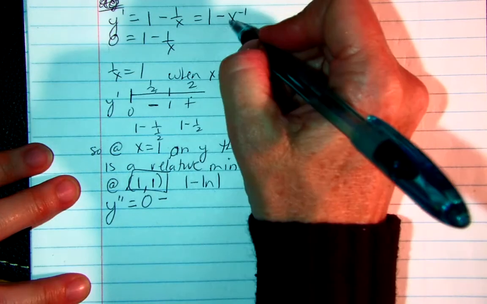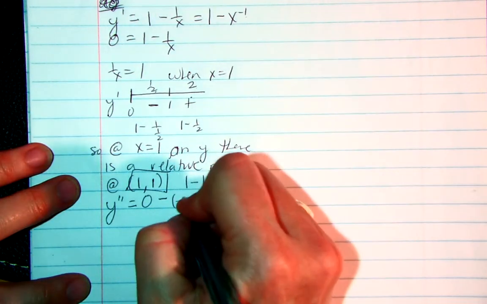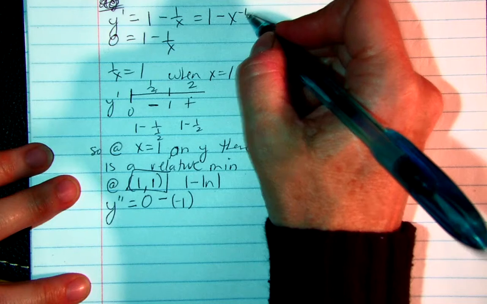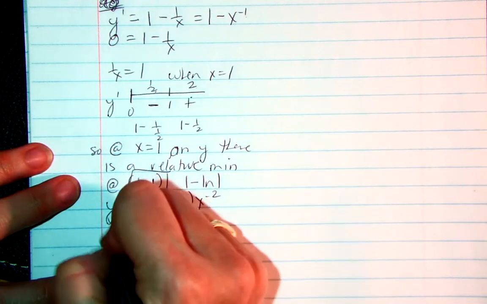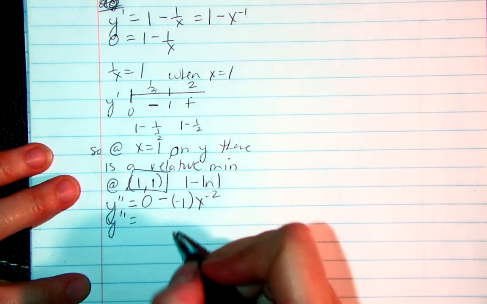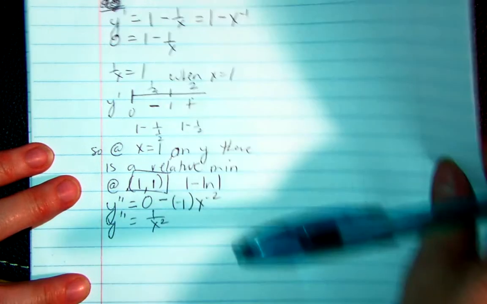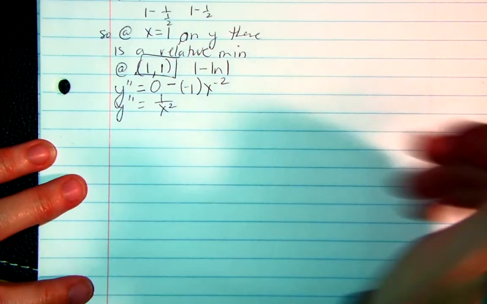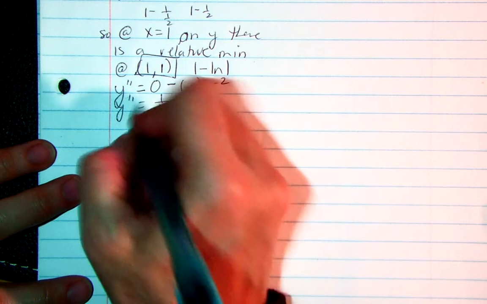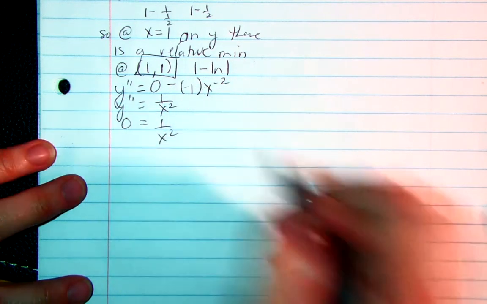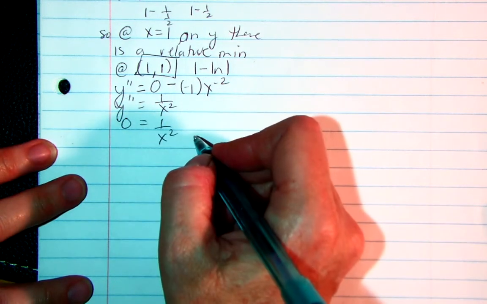Put down that minus sign. Bring down that negative 1. And then I'm going to decrease the exponent, x to the negative 2. So that second derivative, first off, that's positive, so it's going to be 1 over x squared. And so when I set this equal to 0, there is no value.